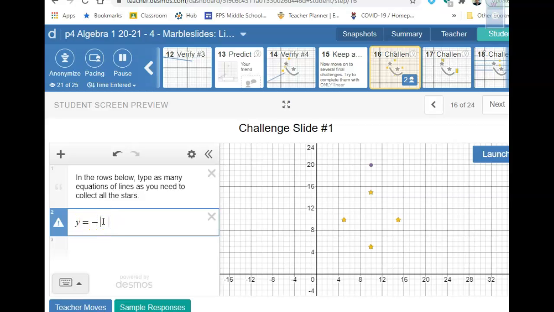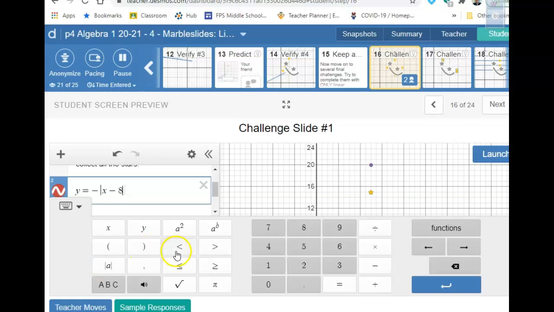And I'm just going to put something in, like x minus. So you saw my graph. It was here. So maybe I go with x minus 8. Oh, I moved it right there. And now I do outside my absolute value. So to get back out of the absolute value, I have to click it again.